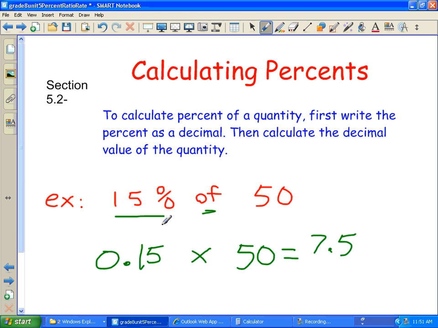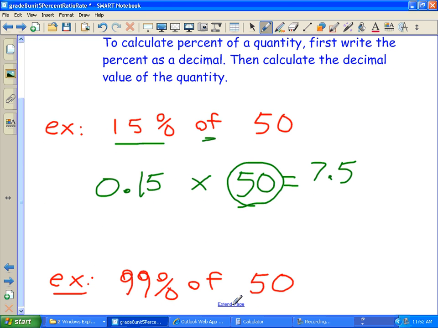So whenever you're given a percent, if it was 20%, it would be decimal 0.20. If it was 99%, it would be decimal 0.99 times 50. And of course, 100% would be 50, because 100% of anything is all of it.